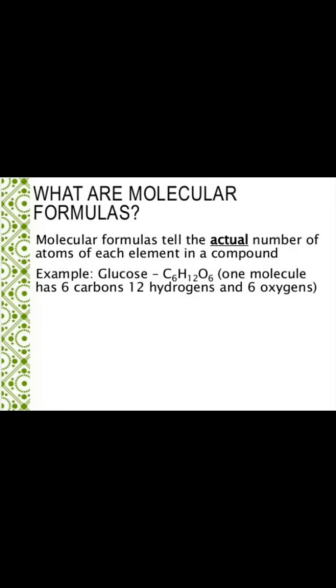What are molecular formulas? Molecular formulas tell the actual number of atoms of each element present in a molecule of a compound. That means one molecule. For example, glucose. Glucose is represented by the formula C6H12O6.